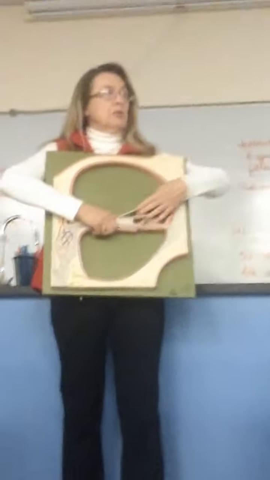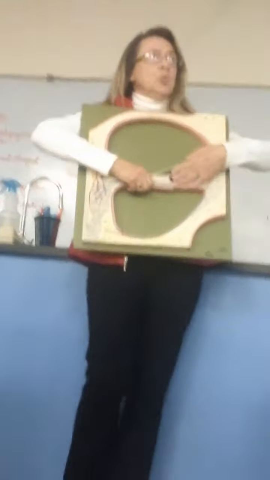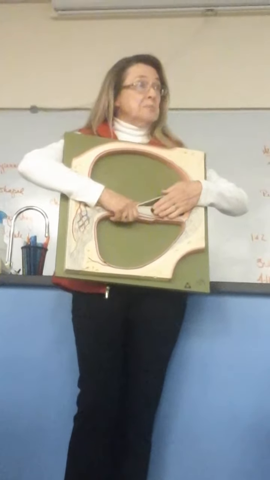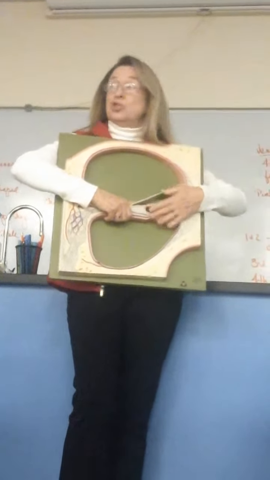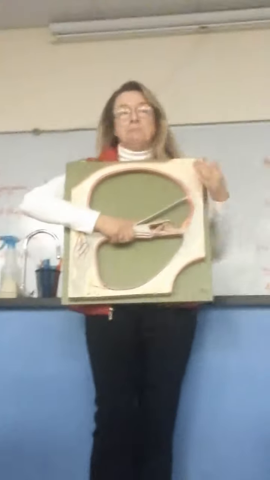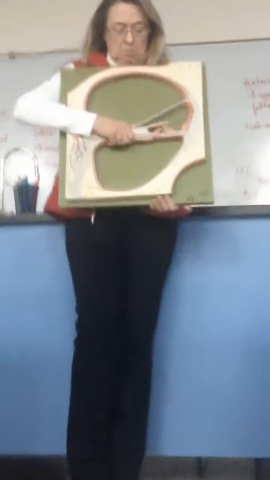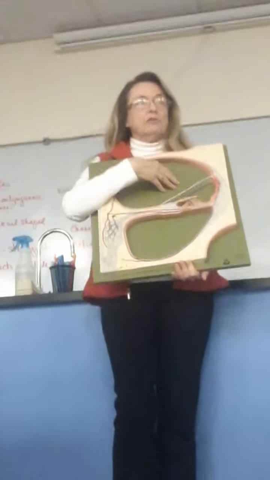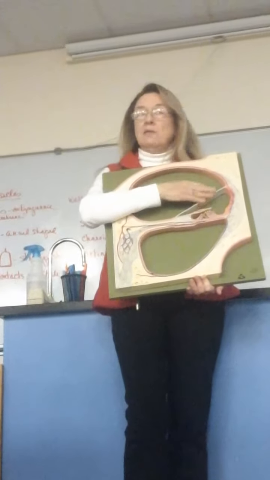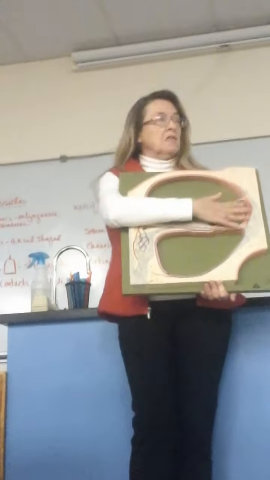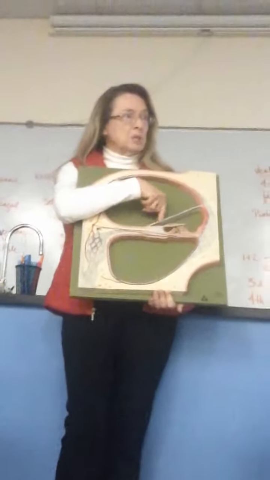This is the region that actually has the receptors that can detect vibration. Now, between the scala vestibuli and the cochlear duct, we have a membrane that helps to separate the cochlear duct from this one. This is called the vestibular membrane.